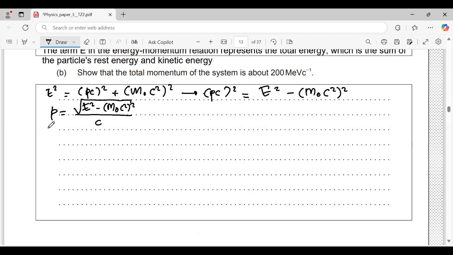Now, momentum of pion A is PA. After this, we are going to find the momentum of pion B, and then the total momentum.